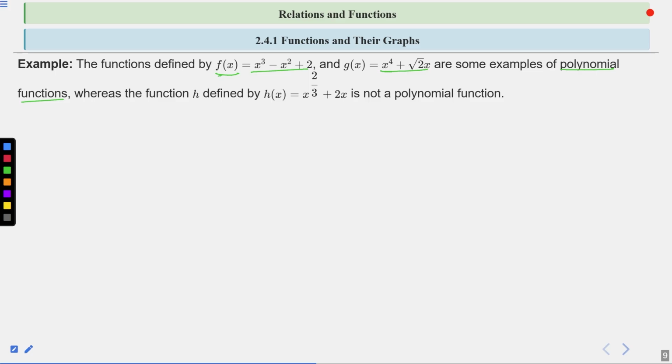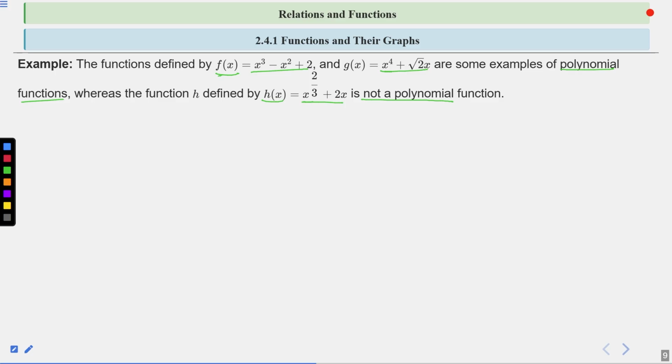an x raised to power n. If you see this function h(x), which is defined by x raised to power 2 by 3 plus 2x, this is not a polynomial function. Why? Because in this case we have x raised to the power 2 by 3, which is not a non-negative integer.